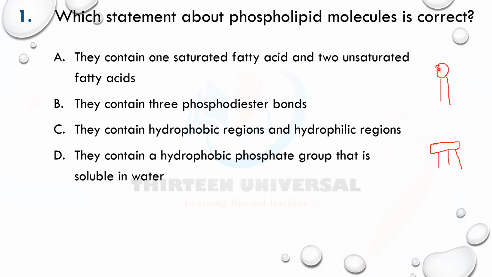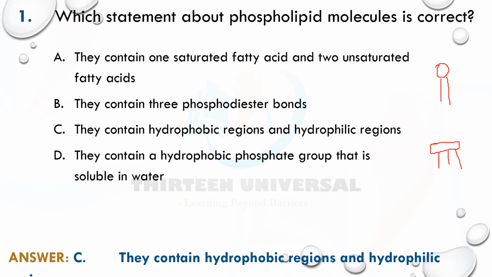Nope. Phosphate group is not hydrophobic. Hydrophobic means water hating. Phosphate group is hydrophilic, water loving. It faces water and forms hydrogen bonds with water. So D is wrong. So the answer is, of course, C. They contain hydrophobic regions and hydrophilic regions too.